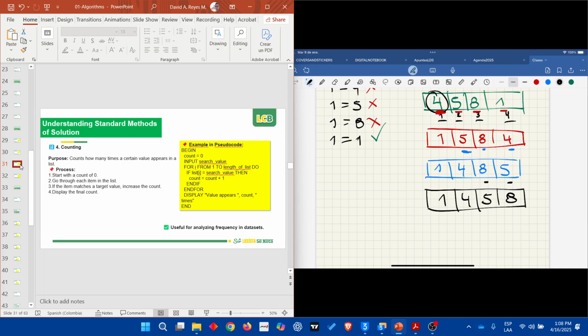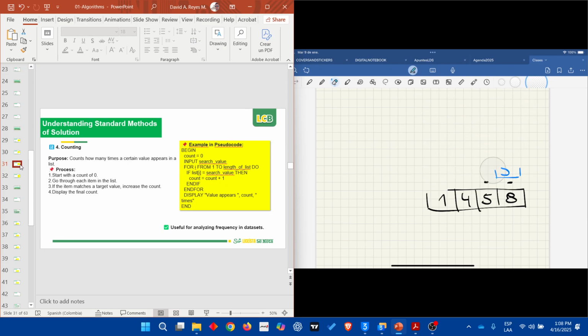In this algorithm that you have on the red part, you are counting how many times a value appears in a list of values. So let's do it, because I need you to understand this.